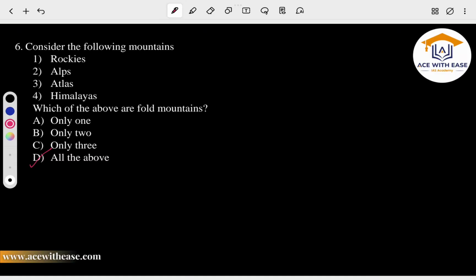For example, the Rocky Mountains are in North America, the Alps are in the Eurasia region, and the Himalayas are at the Indian and Eurasian plate border. So all four mountains are considered fold mountains. The correct option is D, all of the above.